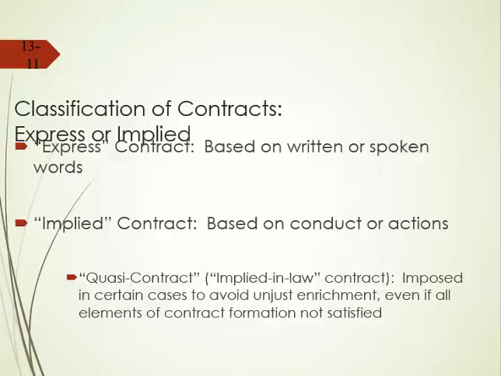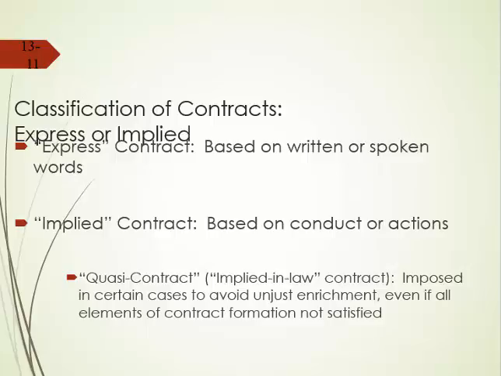It's in the chapter. Okay, so more classifications: an express contract, a contract written or spoken, or an implied contract, a quasi-contract. These implied contracts are part of the equitable theories I was telling you about, where the court really wants to find a contract valid and binding.